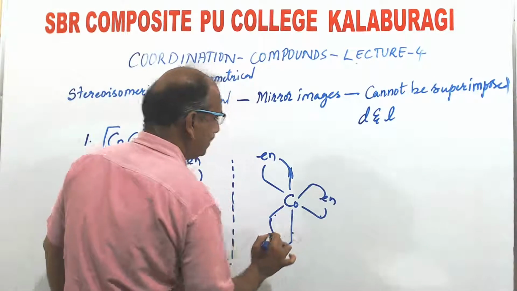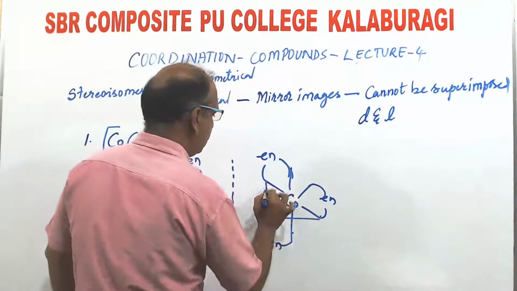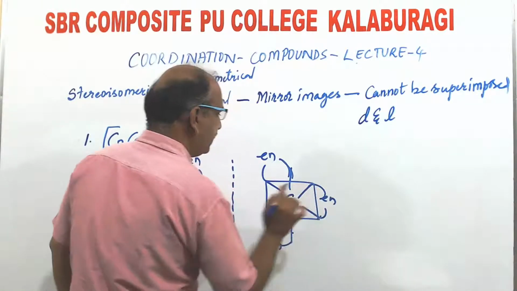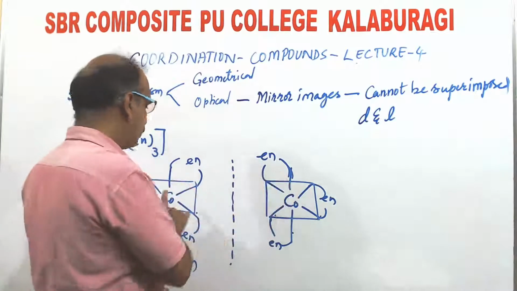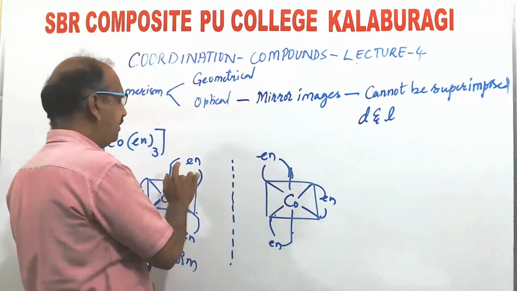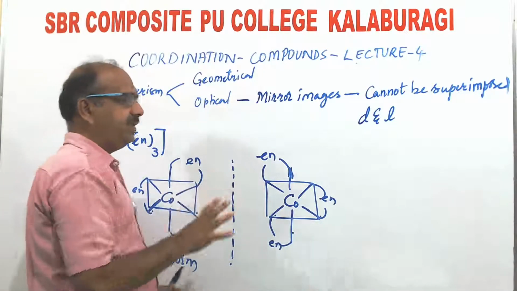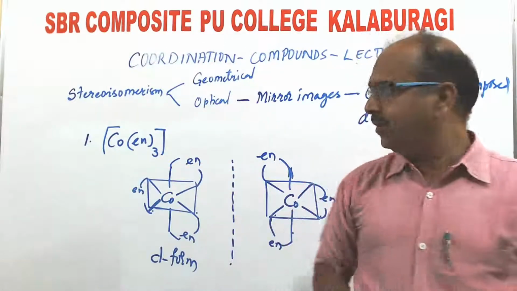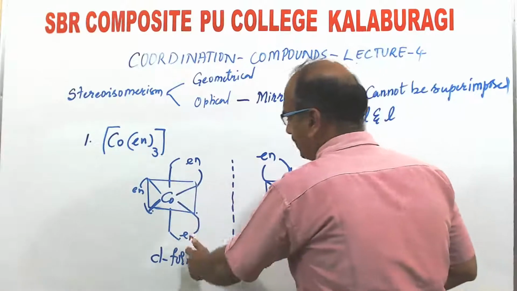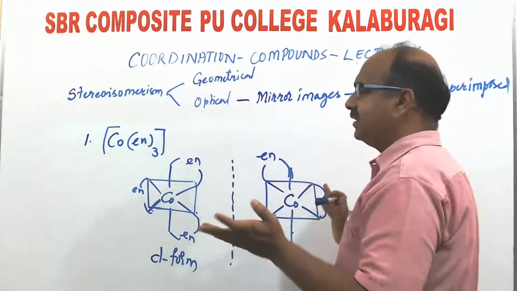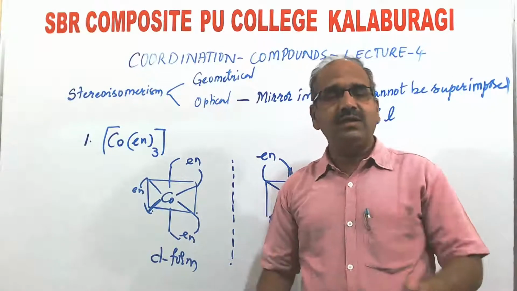So what has happened here? These two are mirror images of one another. If you take this and put it over this, cobalt will fall over cobalt, but ethylenediamine will not fall over the ethylenediamine. Only these two ethylenediamines will overlap, and the two remaining do not overlap. They can be seen separately.